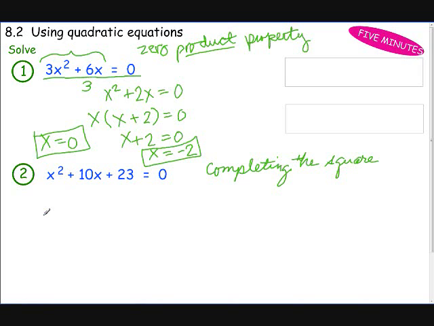We'll be doing a lot of it. So we've got x squared plus 10x, and I'm going to want to have a perfect square trinomial right here equal to something. So this plus 23 is just in my way right now, so I'm going to subtract this from both sides.